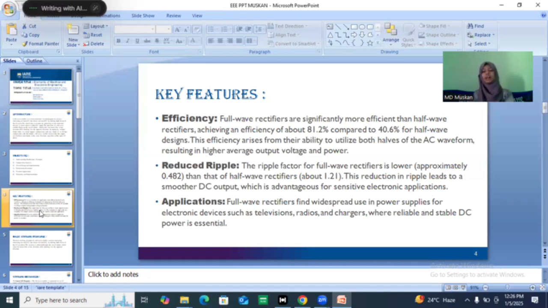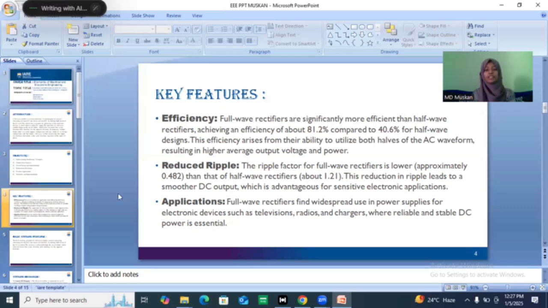Next, coming to reduced ripple. The ripple factor for a full wave rectifier is lower, approximately 0.482, compared to about 1.21 for the half wave rectifier. The lower ripple factor leads to a smoother DC output, which is important for sensitive electronic applications.